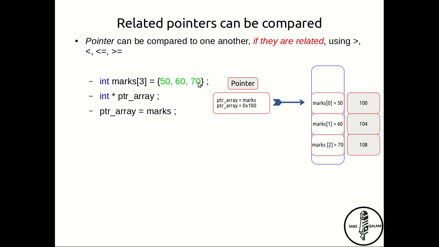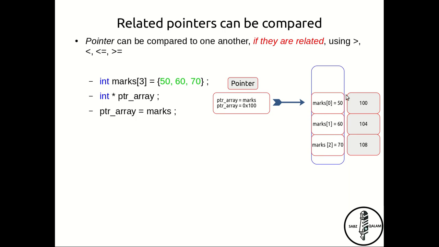The first command declares and initializes an array of three integers, 50, 60, and 70. When you do that within the memory, you have three elements, 50, 60, and 70, which are stacked on top of one another because it's an array.